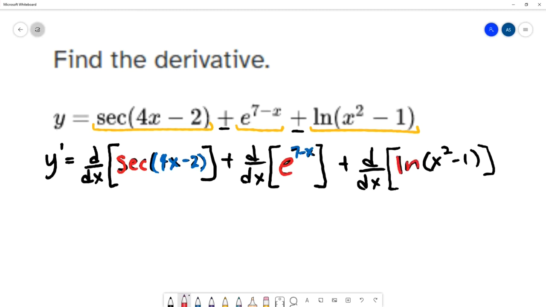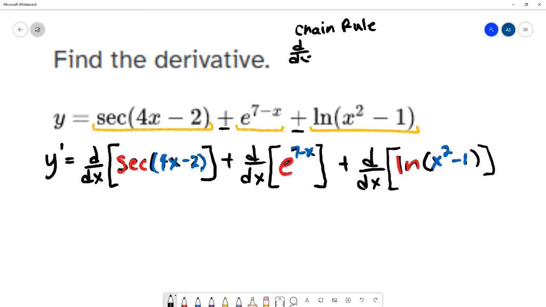We have the outside function being natural log and the inside function being x squared minus 1. So all of these have the composition, or one function substituted inside of another function. So we're going to have to use the chain rule to calculate the derivative on each one of these. So let's take a look at the chain rule.